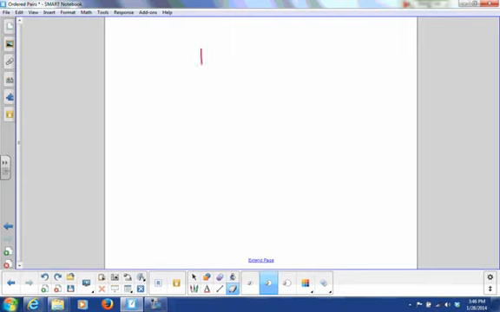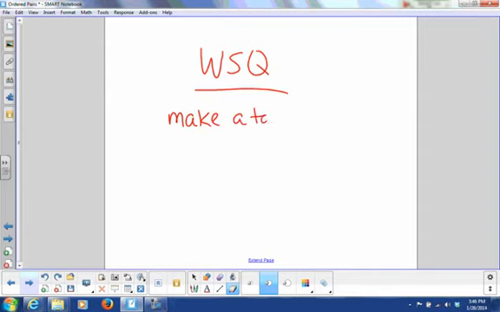So for our WSQ, okay, you are going to make a table for a partner to graph.